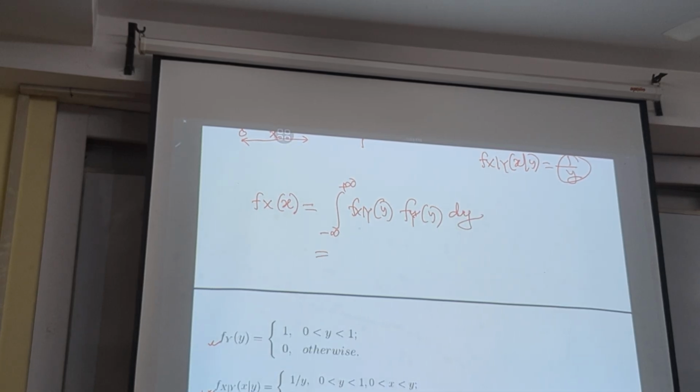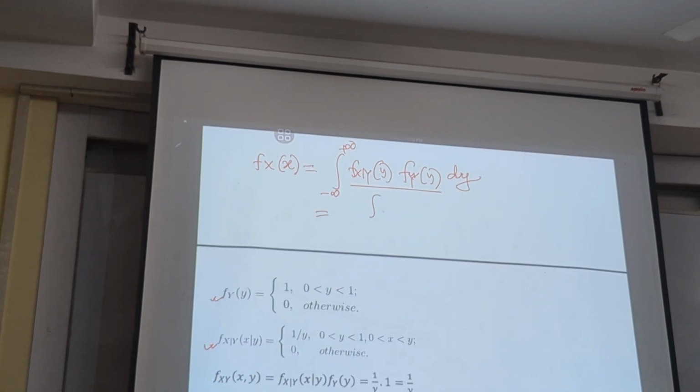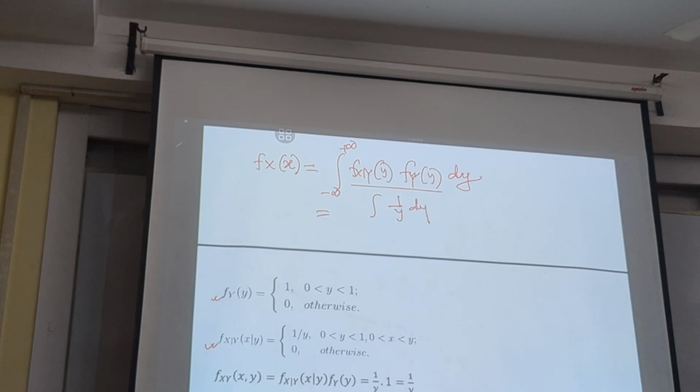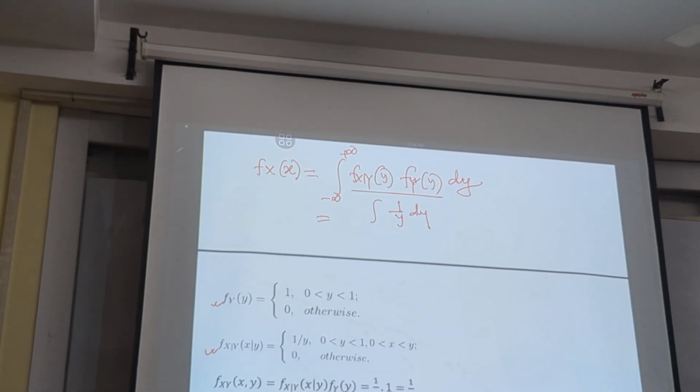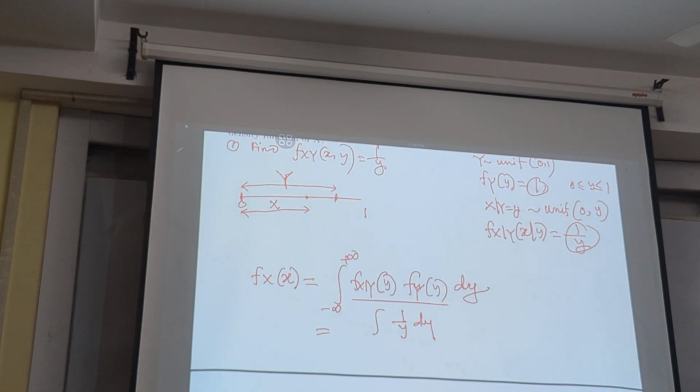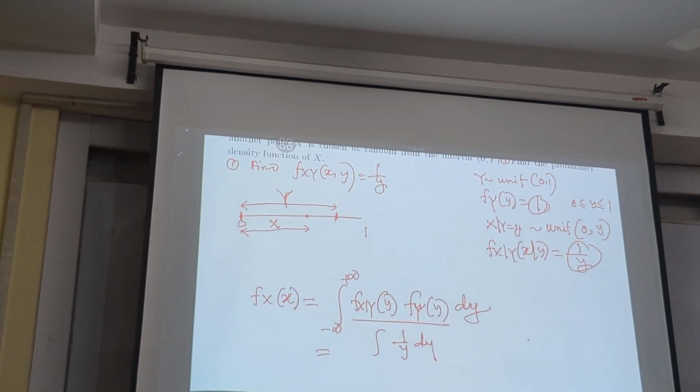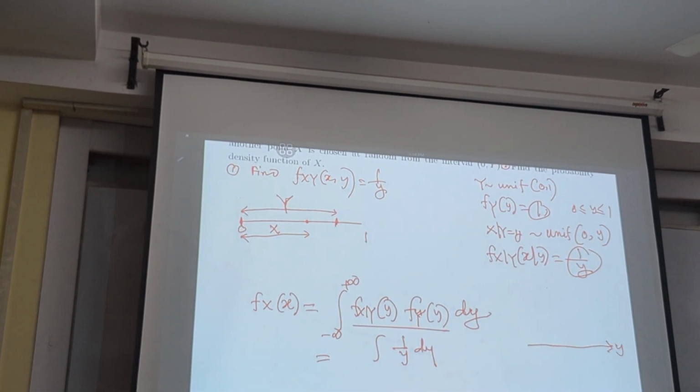So we know the product, right? The product is this. What is the limit? Once again, you need to draw the diagram. The diagram is interesting. Y is along the x-axis, right?